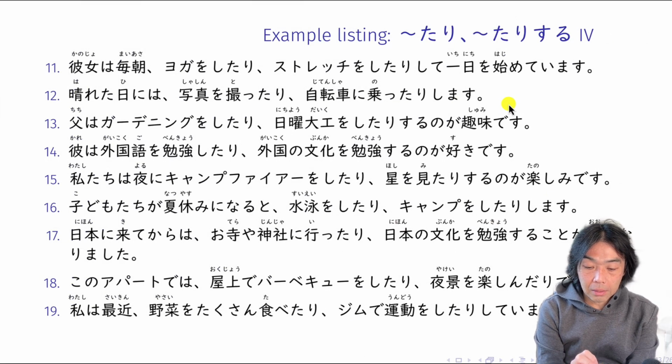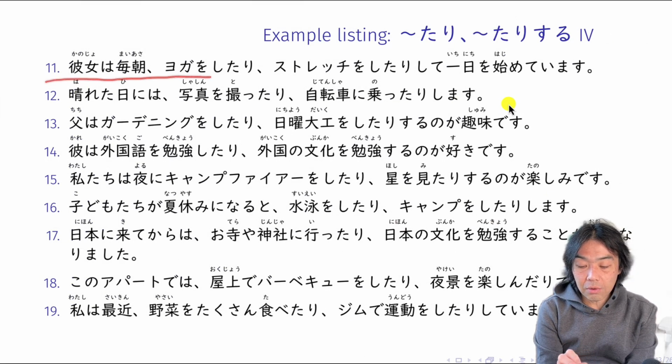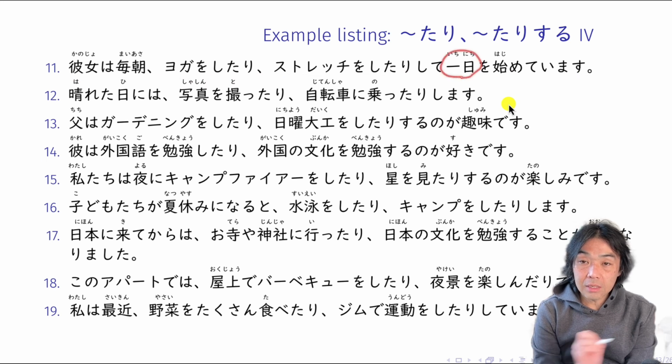11番、彼女は毎朝ヨガをしたりストレッチをしたりして一日を始めています。一日 in this sentence is used as a day, right? So it doesn't mean like 1 day or 2 days.